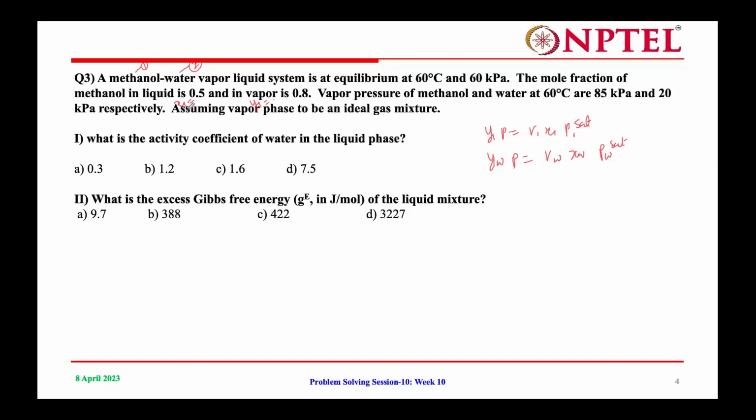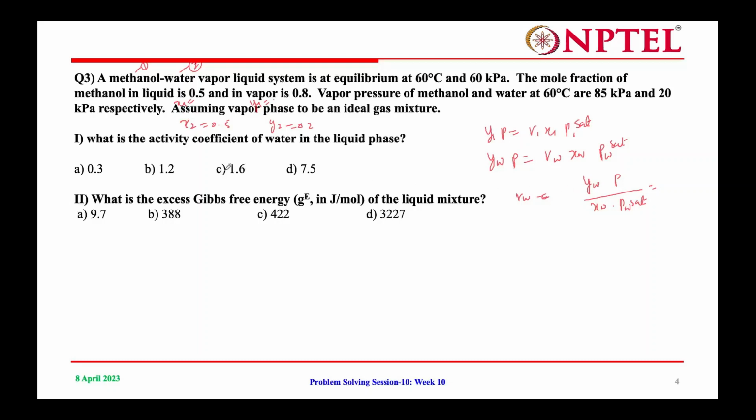So here x1 is for methanol, so x2 is 0.5. y2 is equal to 0.2. Right. Okay, for water, y_w P = gamma_w x_w P_w sat.